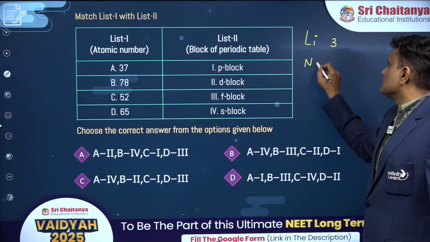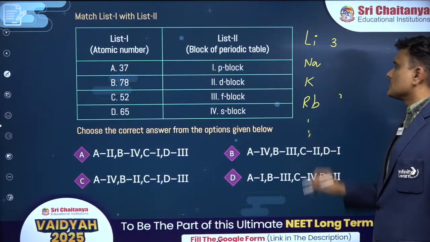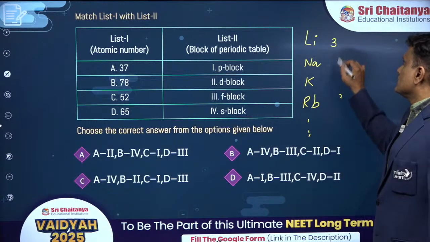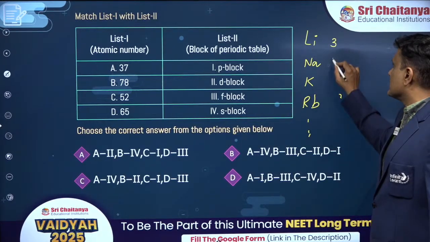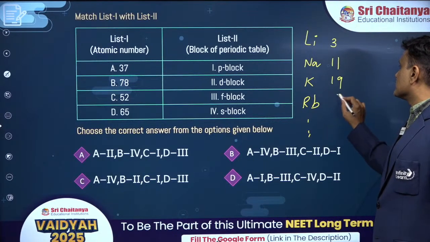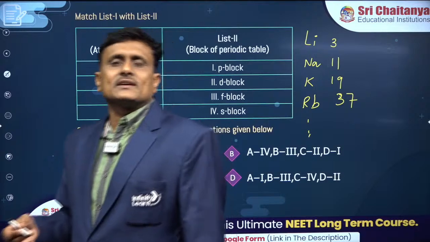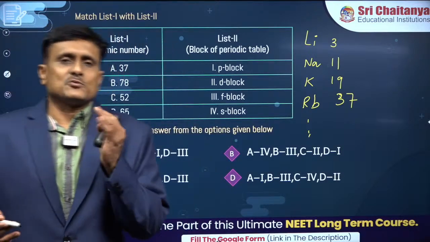After that you have sodium, potassium, rubidium, so on, isn't it? Now you will add 8 to this, you get 11, 8 to this and 18 to this, which is making it 37. So probably you will get some help over there by identifying at least one element that we know.